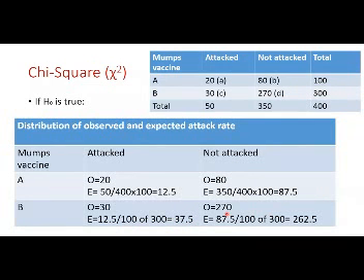And over here, in case of vaccine B, the observed non-attacked are 270, while the expected: 87.5% of this 300 are not attacked. So when we calculate, this is coming out to be 262.5.